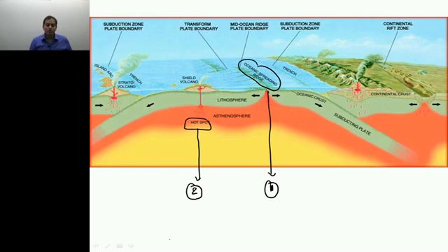What is this concept of a hotspot? A hotspot is a weaker zone of the earth where there is a continuous upwelling of magma, or continuous volcanic eruption. Now, why is there a continuous volcanic eruption? Because the crust here is weak, and therefore the molten rock material can steadily come.